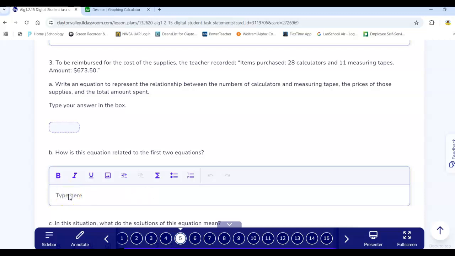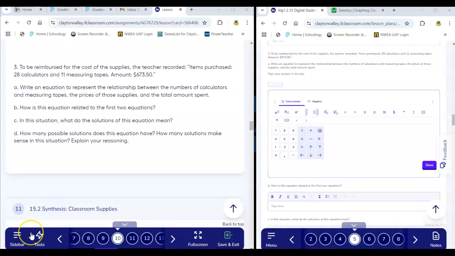Let me pause and figure out my technical difficulty here. There we go. I refreshed the screen and it came back. So we've got 28C plus 11M equals 673.50. Done.